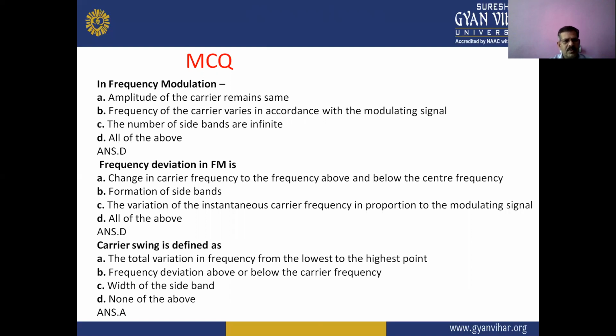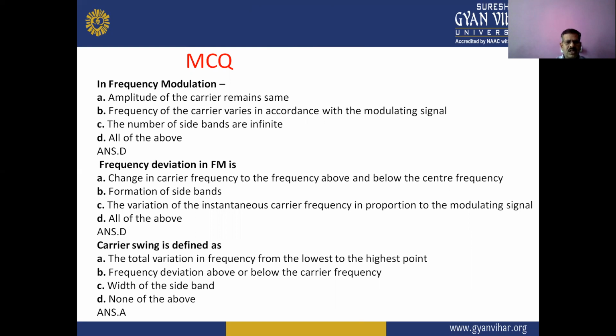Next one is frequency deviation in FM. Option A, change in carrier frequency to the frequency above and below the center frequency. Option B, formation of sidebands.